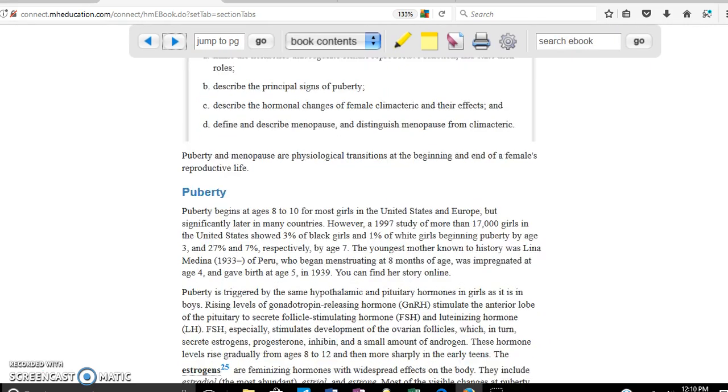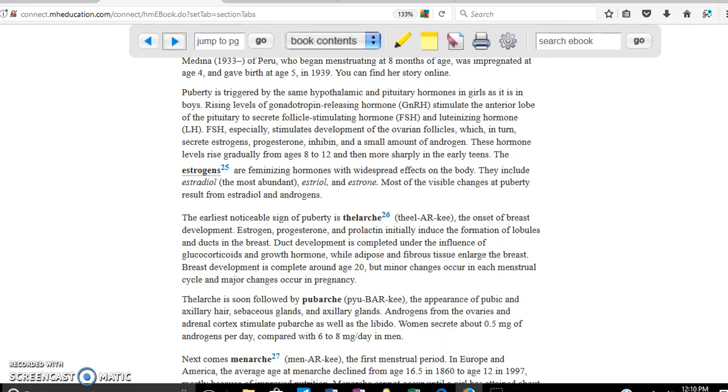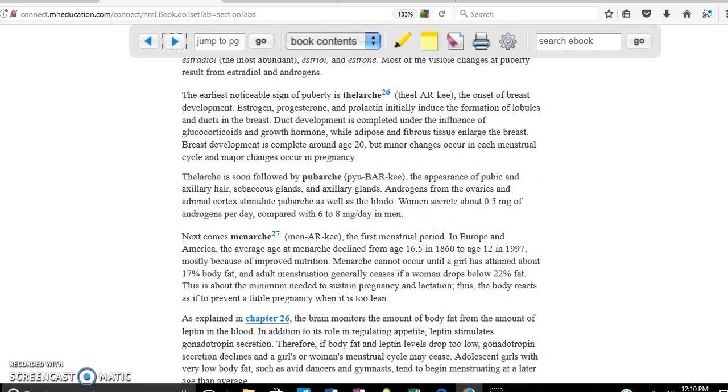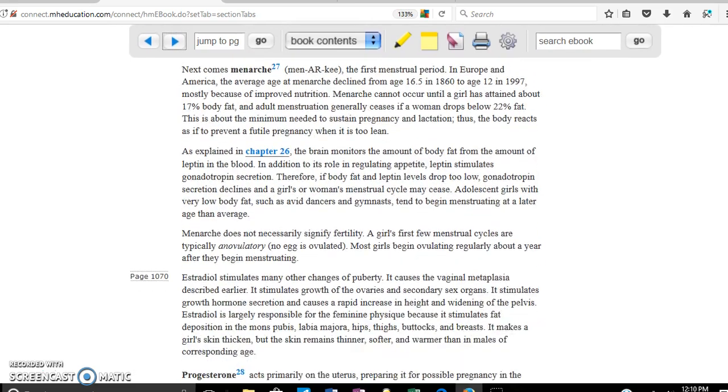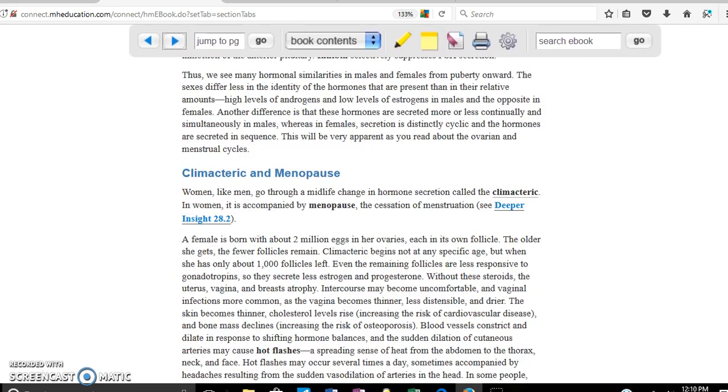First changes are going to be thelarche, which is enlargement of the breast; pubarche, which is the appearance of pubic hair; and then the last one is going to be menarche, which is the first menstrual period. And again, as I said, basically because of the presence of hormones.